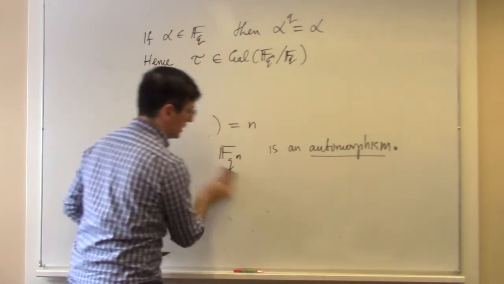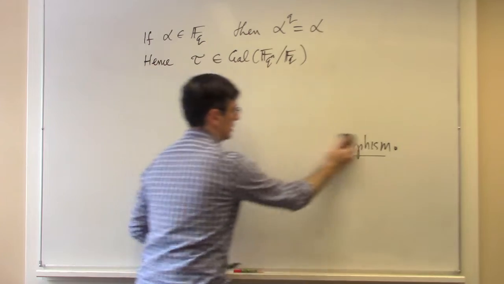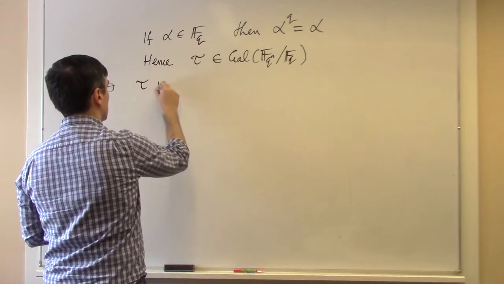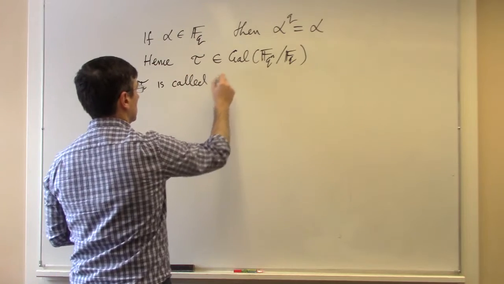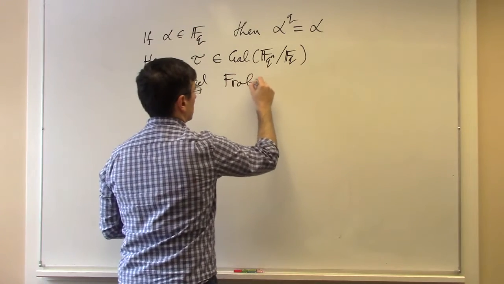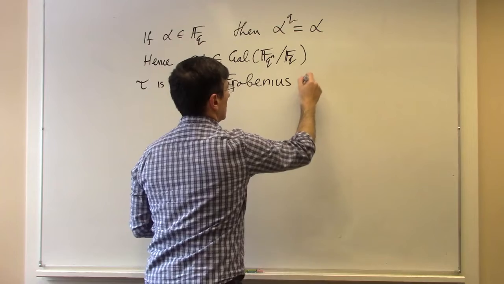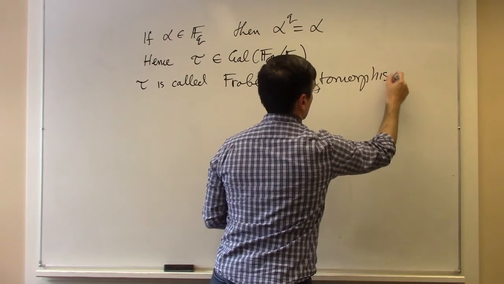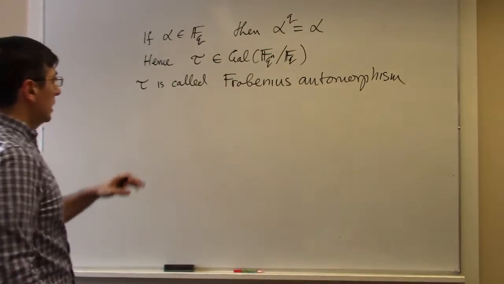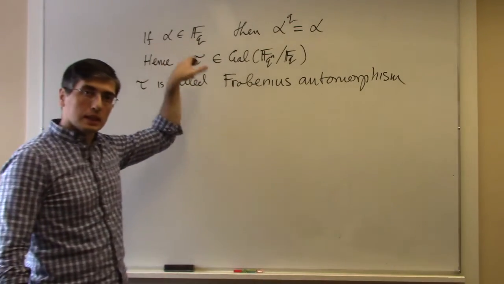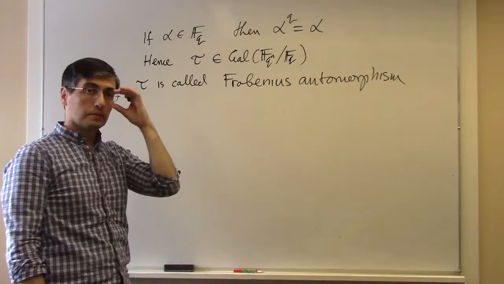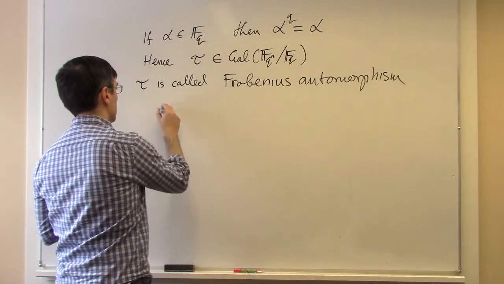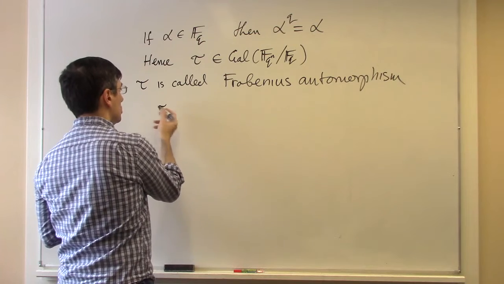This special element is called the Frobenius automorphism. And what we want to do is to show that this element generates the whole group. Well, to do that, let's just consider the subgroup that is generated by tau.